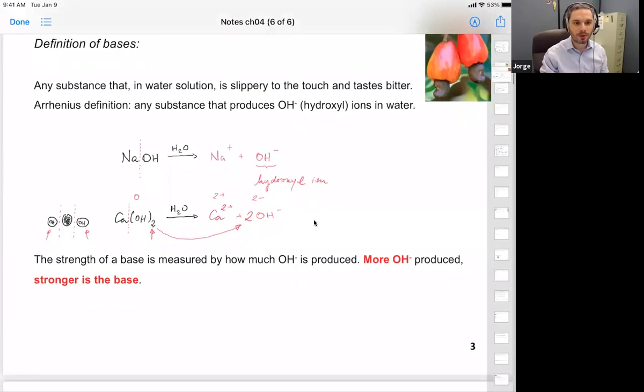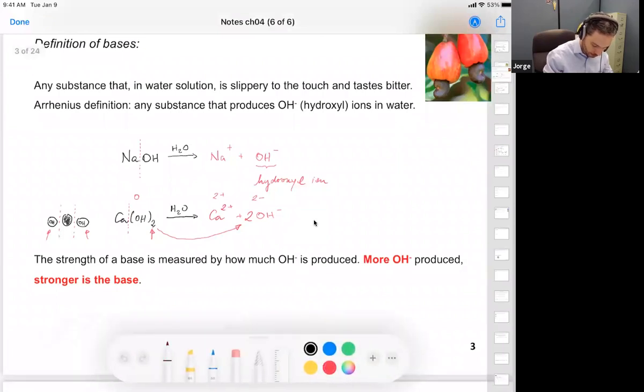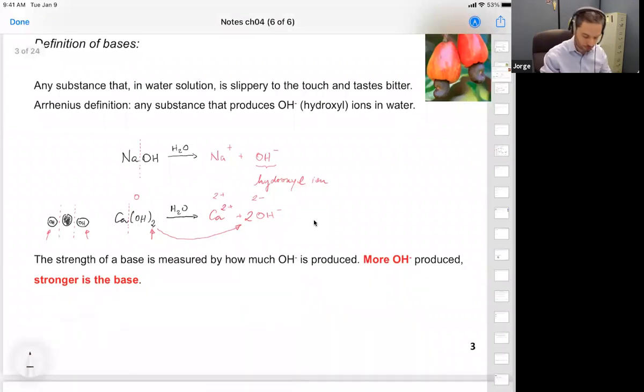Okay, so let me go back here to the definition of a base according to Arrhenius. So according to Arrhenius, a base is any substance that produces OH minus ions when dissolved in water, okay? So let's go back to our example here regarding sodium hydroxide.